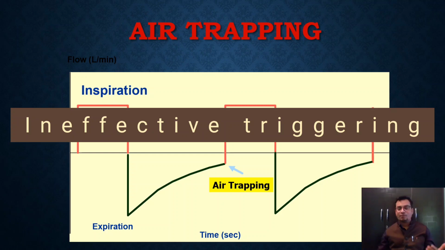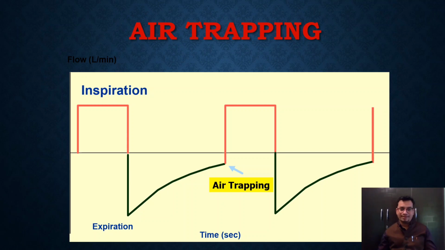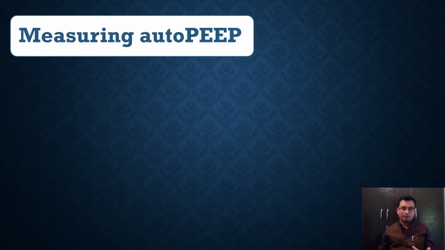That is a kind of patient ventilator asynchrony, so you should be careful about that and you have to treat it. So it should be monitored using expiratory hold maneuver.